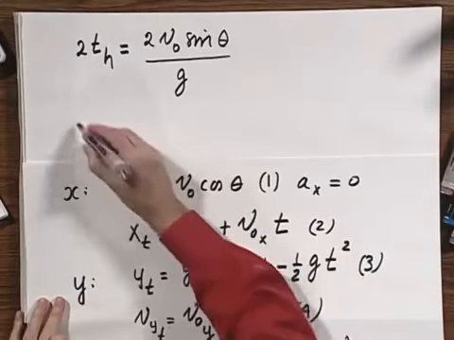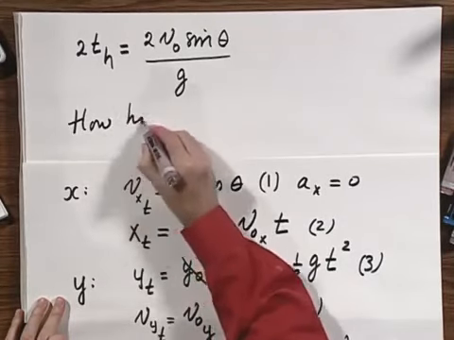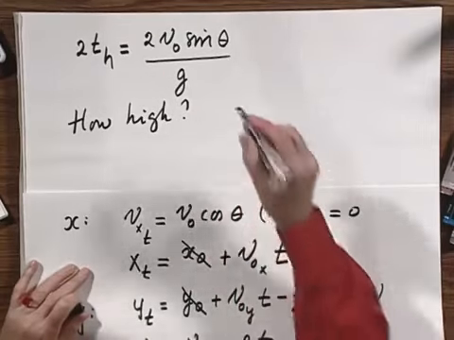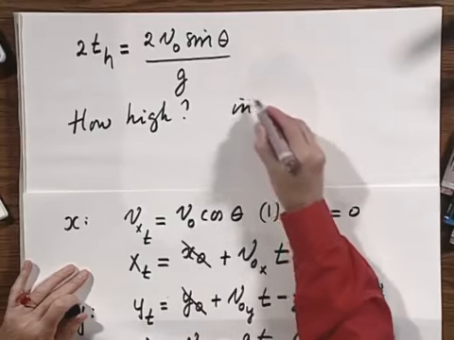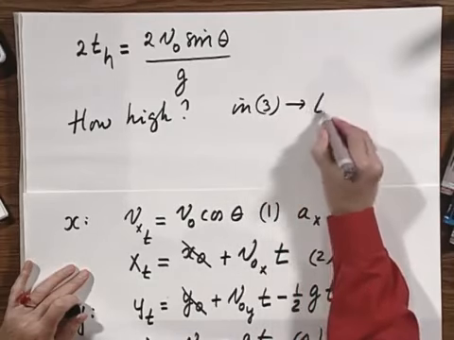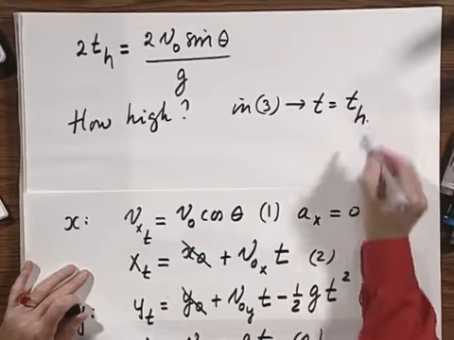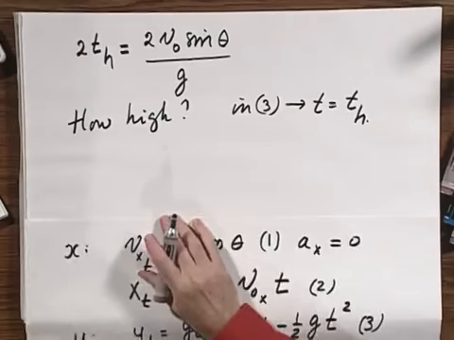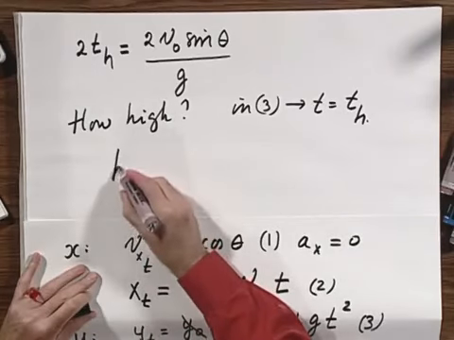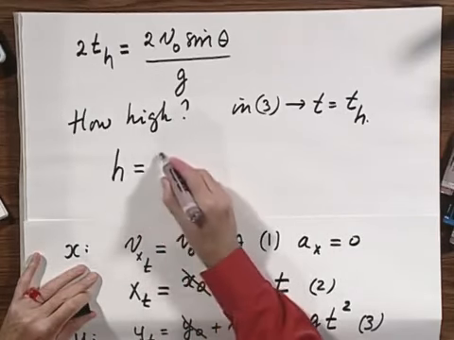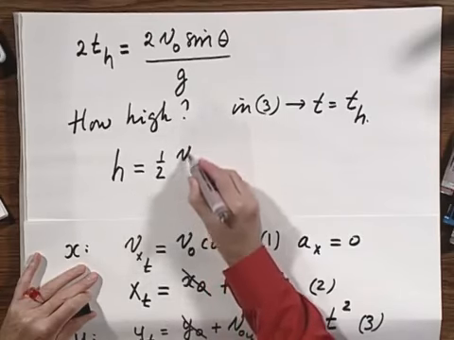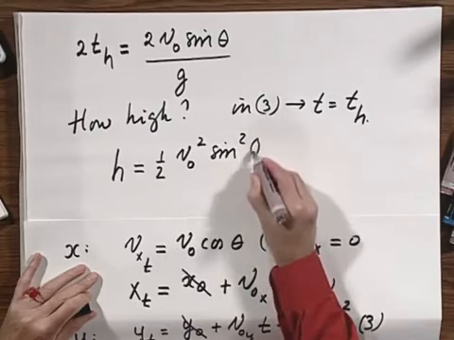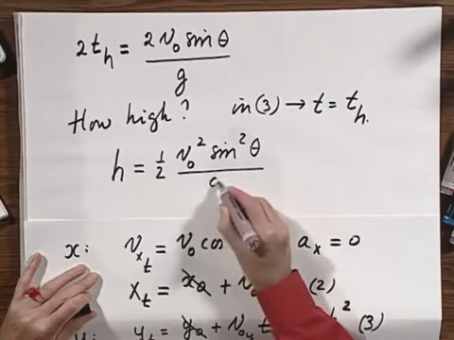Now, how high does the object go if we double v0? Well, I substitute in equation 3, I substitute t equals t of h, because that's the time that it reaches the highest point. And when I do that, and you can do that for yourself, I find that the height that it reaches equals 1/2 v0 squared times the sine squared of theta divided by g.